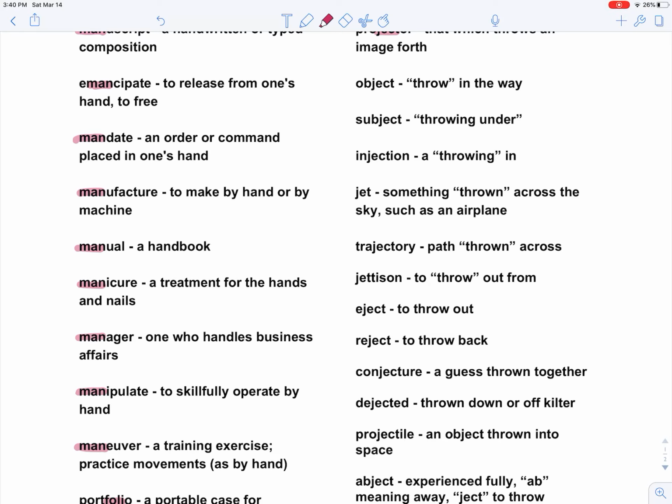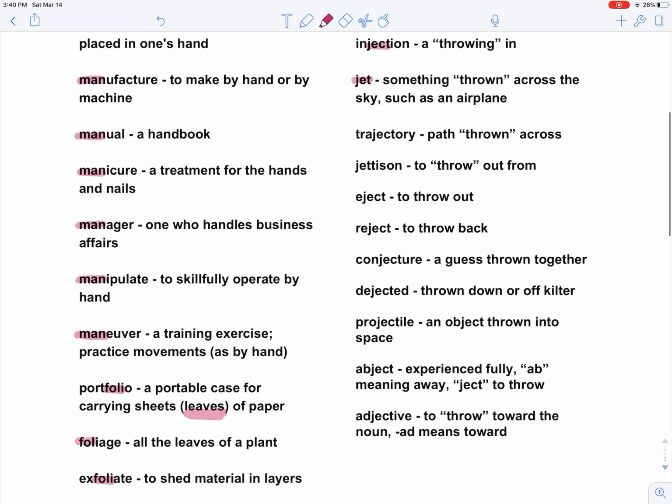So to subject to the king's rule, for example. Oops, I stopped highlighting here. Checked. Injection, a throwing in, so like an injection of a needle or a vaccine, it goes into the skin. Jet, something thrown across the sky, such as an airplane. Trajectory, so a path thrown across.